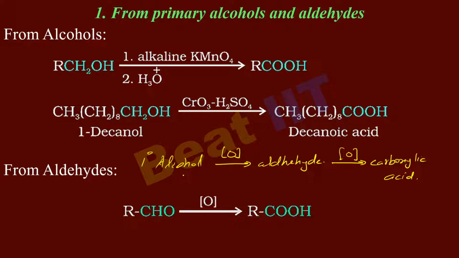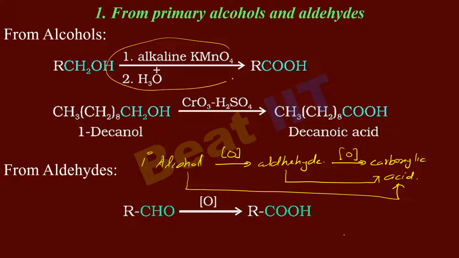In the first case we are talking about direct oxidation of alcohols to carboxylic acid, and in the second case, oxidation of aldehydes to carboxylic acid. You can use the same conditions, alkaline KMnO4 followed by acidic hydrolysis or chromium trioxide in an acidic environment.